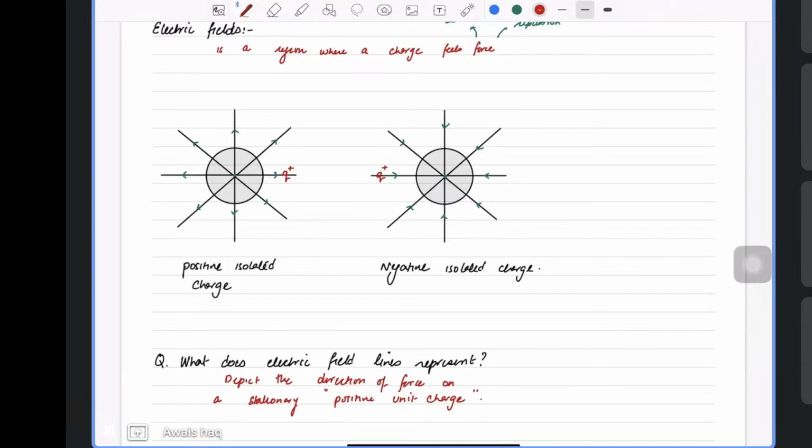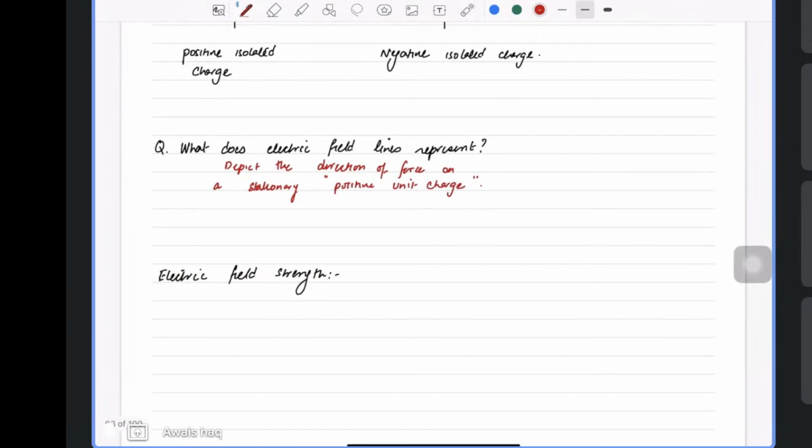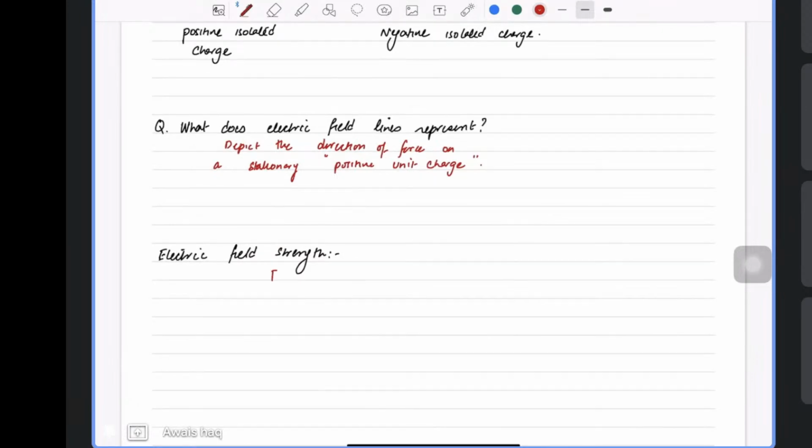Now, the next question is, what exactly is electric field strength? Electric field strength is defined as force per unit positive charge. The symbol of electric field strength is capital E. The SI unit of this is Newton per Coulomb, and it is a vector quantity, which means it will have a value and also a direction.